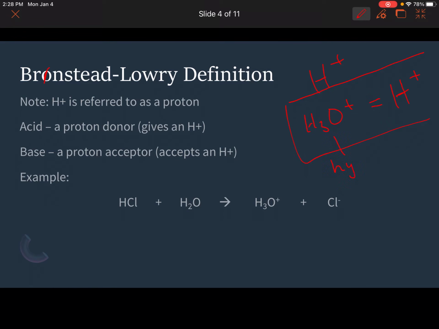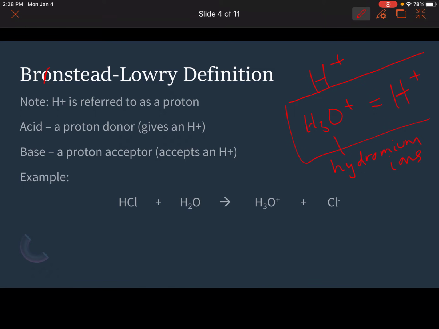This is called the hydronium ion. So we are going to use the hydronium ion, and it is interchangeable between H plus and H3O plus, okay? So when we look here, we've got hydrochloric acid plus water going to H3O plus, or the hydronium ion, plus the chloride ion, Cl minus.